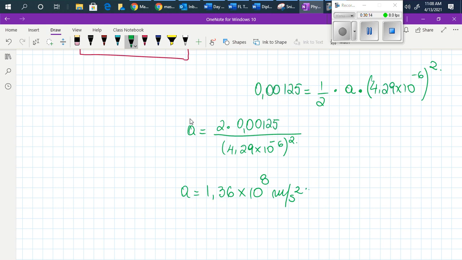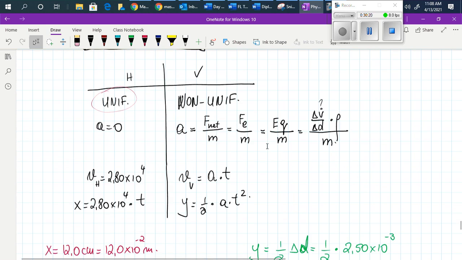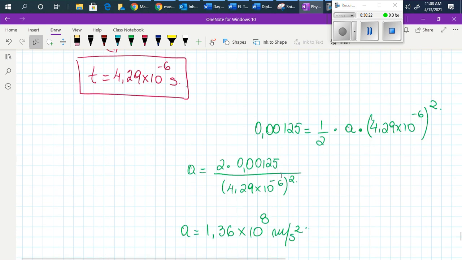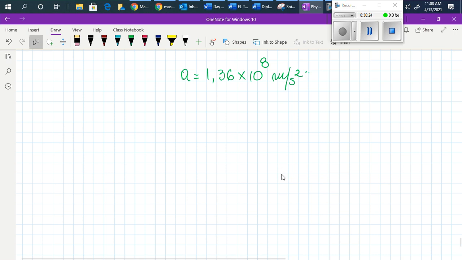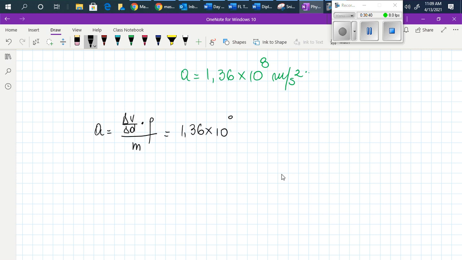And then we go back to what we said before, that the acceleration is delta V over delta D times Q over mass. And this is equal to 1.36 times 10 to the power of 8.